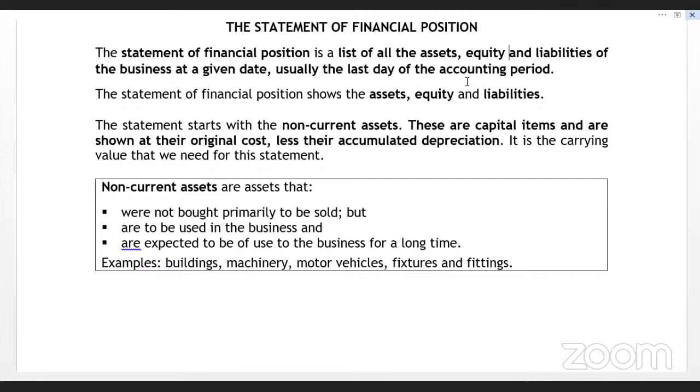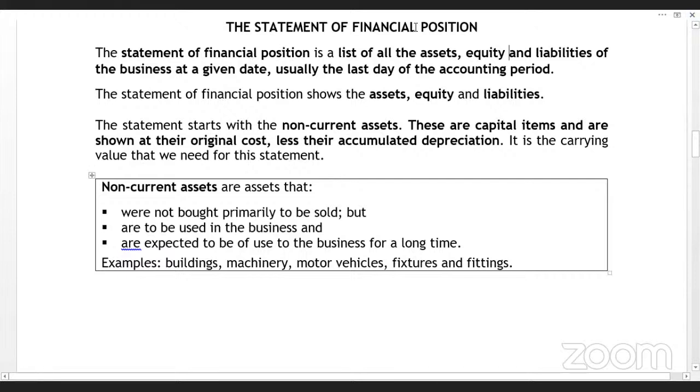The statement of financial position shows the assets, equity, and liabilities of the business. However, when it comes to assets, we class them into two main categories. Those are the current assets as well as the non-current assets.